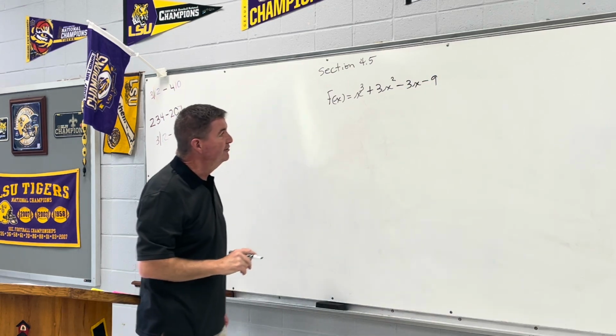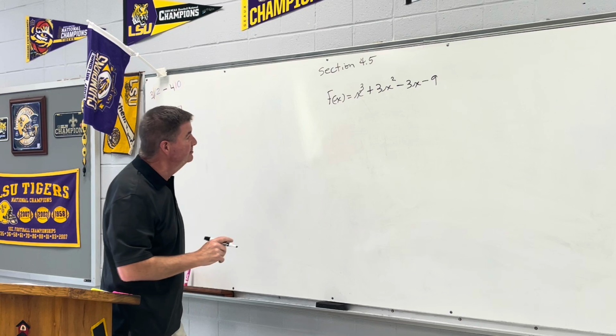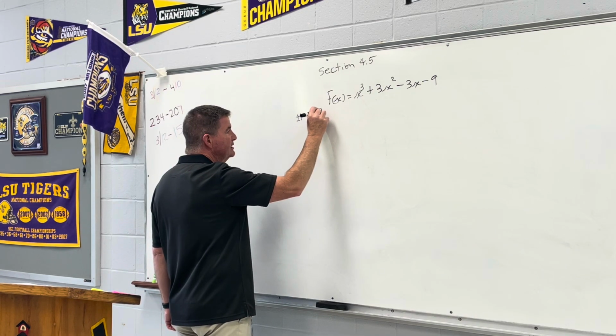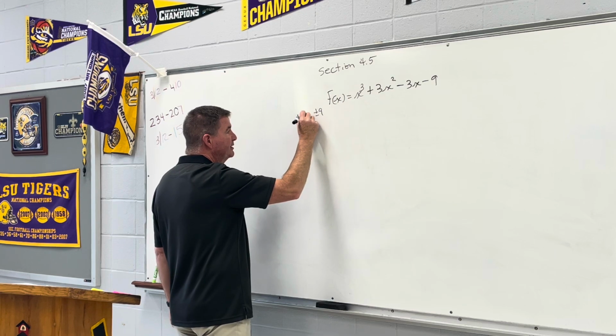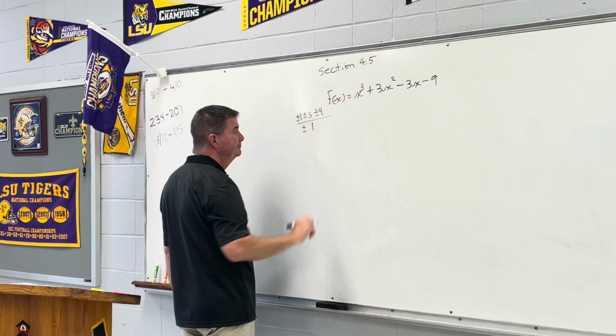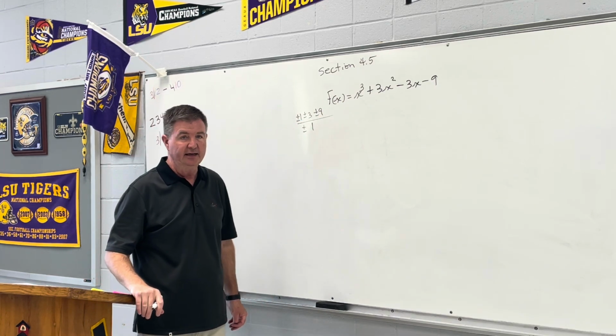If I want to find the possibilities, it's going to be plus and minus 1 and plus and minus 9, factors of 9, and plus and minus 3, all over plus and minus 1. So basically it's 1, negative 1, 3, negative 3, and 9, negative 9.